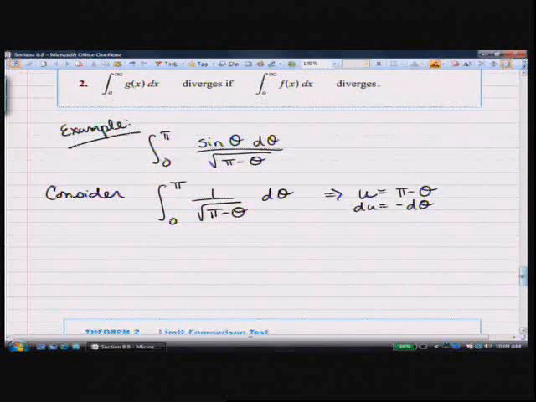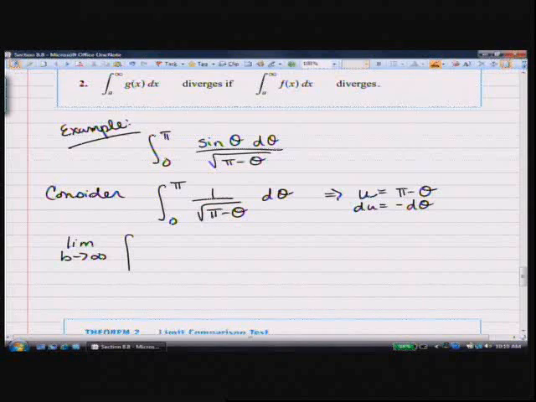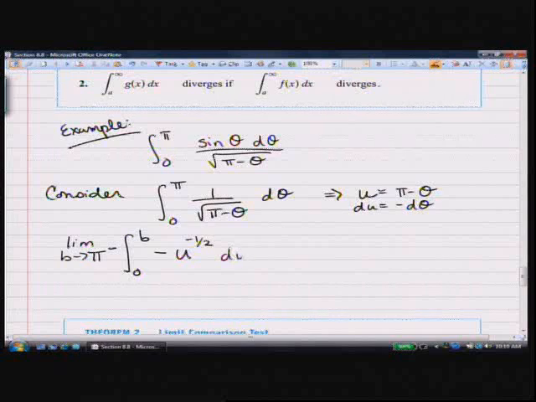And now we are going to have trouble at pi, so we have to look at the limit as b goes to pi, coming in from the left, of the integral from 0 to b, and we can think of this as negative u to the negative 1/2 du.